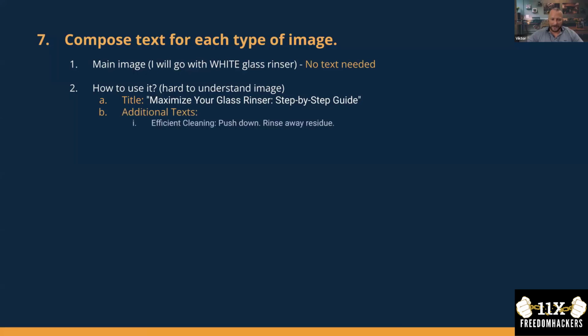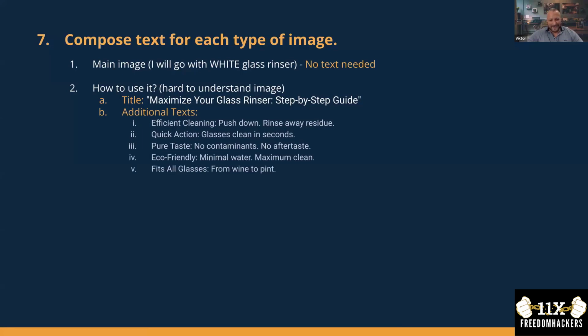Additional text: efficient cleaning, push down, rinse away residue, quick action, pure taste, eco-friendly, fits all glasses. I don't need to use all of this text, but maybe I could put these benefits there along with step-by-step pictures of how you use it, right? So it's how you use it, with benefits.